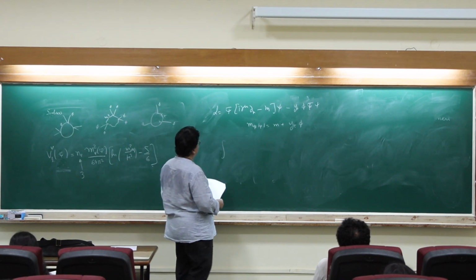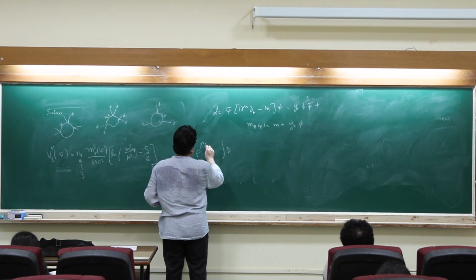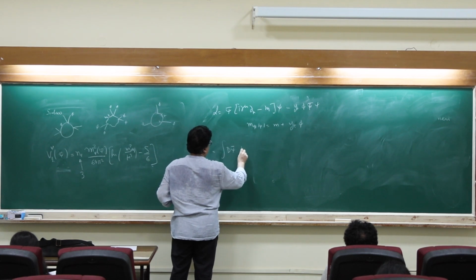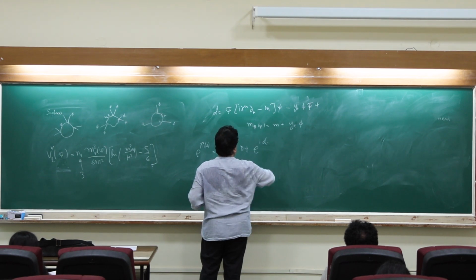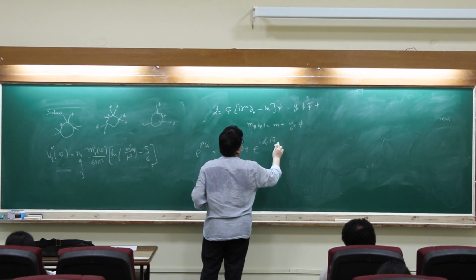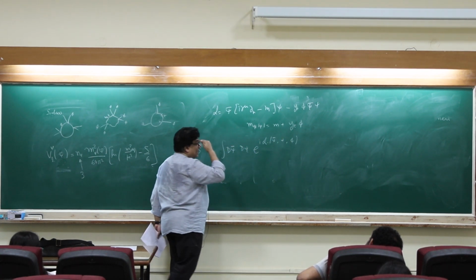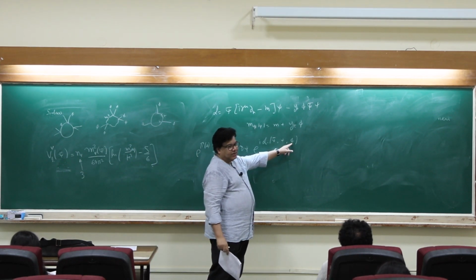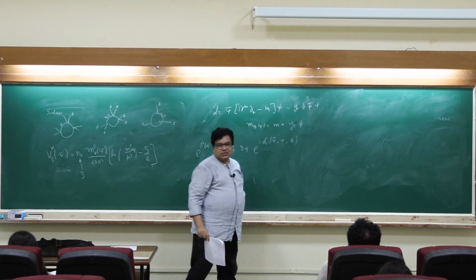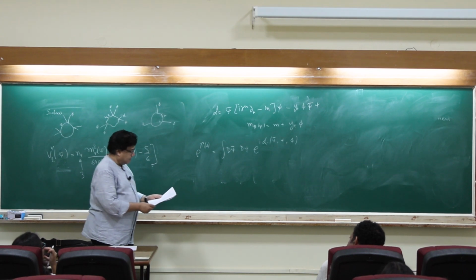So we have to use e to the i gamma phi, the integral d psi bar d psi e to the L, and this phi. So integrate out the fermions and you are left with the phi dependence. So we have to do the same path integral for fermions.